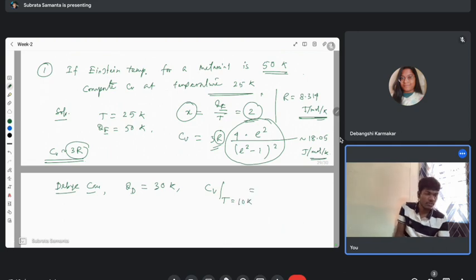Just put it into the formula and we get the answer. What is the formula? It is 12 pi to the power 4 over 5 times R, times T over theta D cubed.